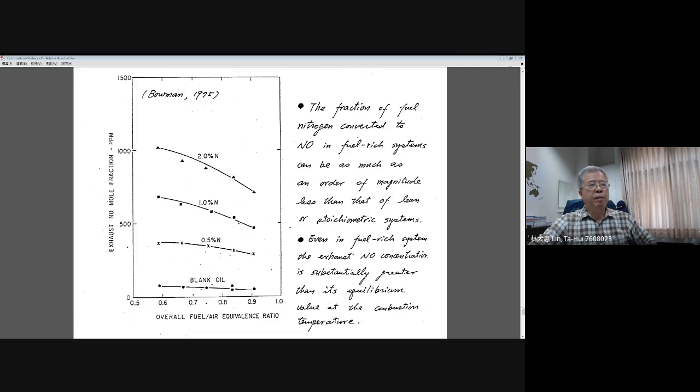But when you add more nitrogen in, you will find the overall NO fraction increases definitely, because you have additional fuel N in your combustion process. But if you look at the equivalence ratios, you will find that when the ratio is closer to the stoichiometric ratio, then the NO formation will drop down.